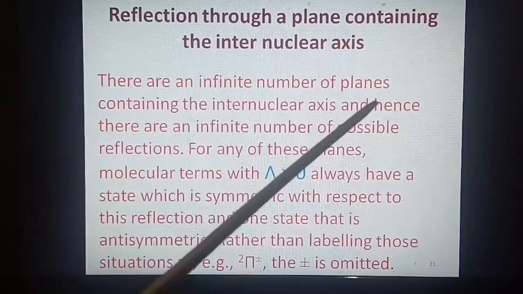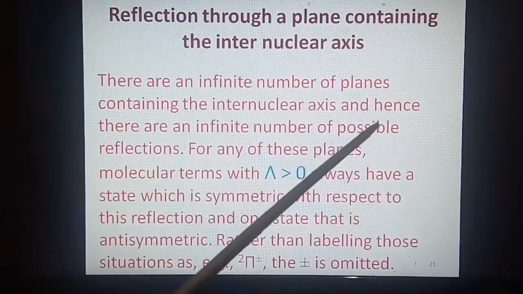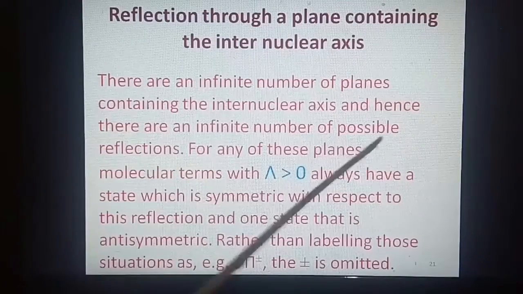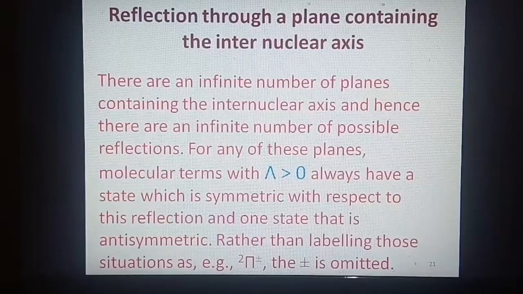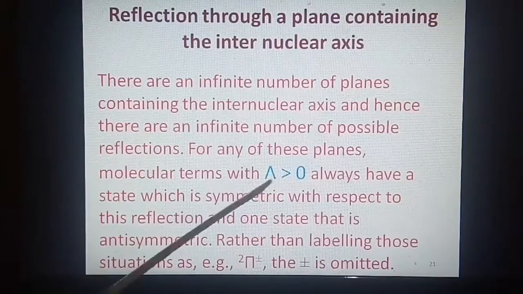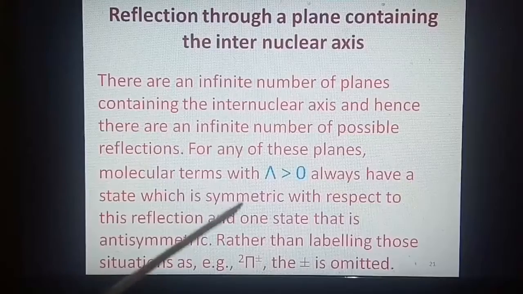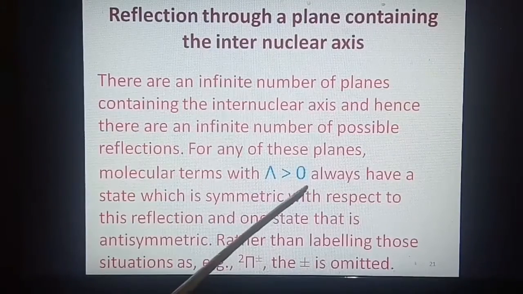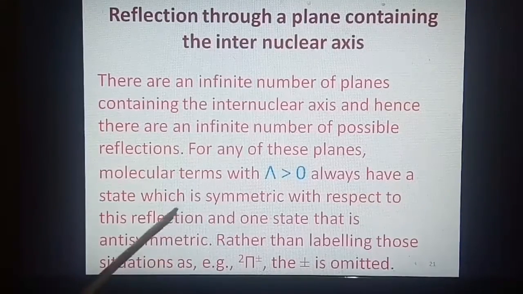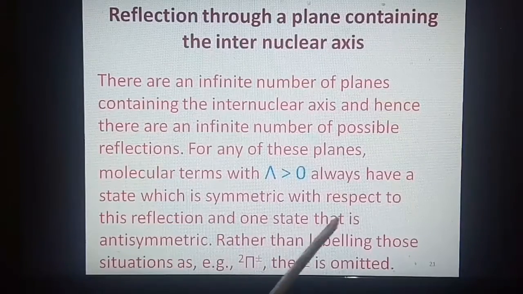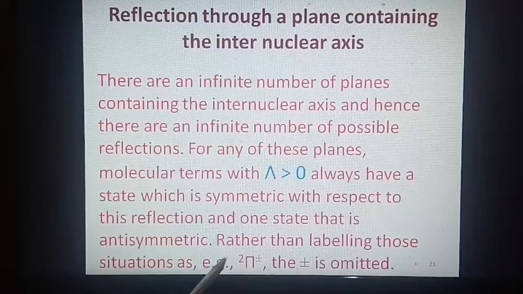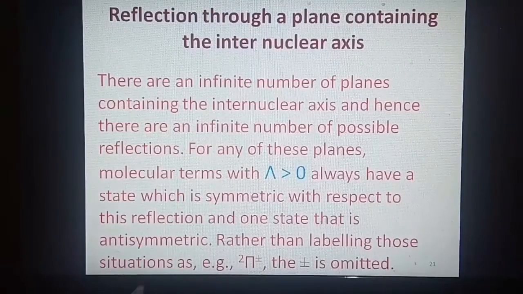There are an infinite number of planes containing the internuclear axis, hence there are an infinite number of possible reflections. For diatomic molecules, the planes are infinite. For any of these planes, molecular term symbols with lambda more than 0 always have one state which is symmetrical with respect to this reflection and one state that is antisymmetric. Rather than labeling those situations, for pi the plus or minus is omitted.